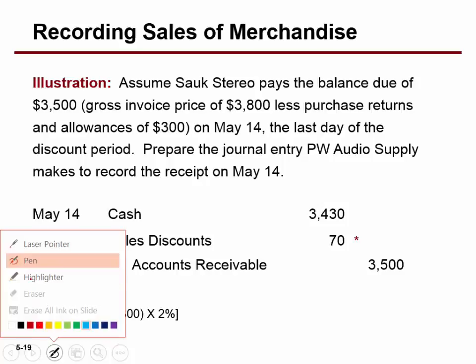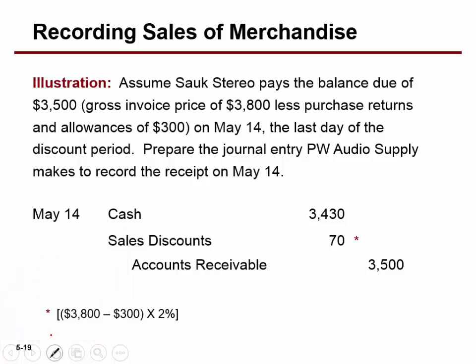Was it 3,800 or 3,500? Where are you getting 3,800 from? Oh, 3,800, it's right here. 3,800, right, is what we paid for it. Less, remember we returned 300, or we got 300 returned to us? All right, let's just go back.